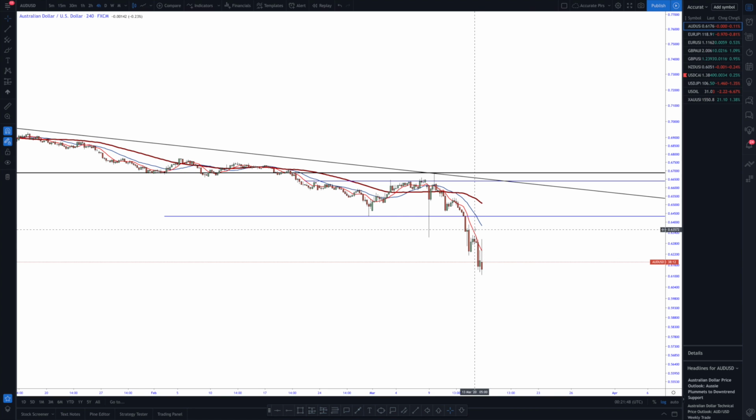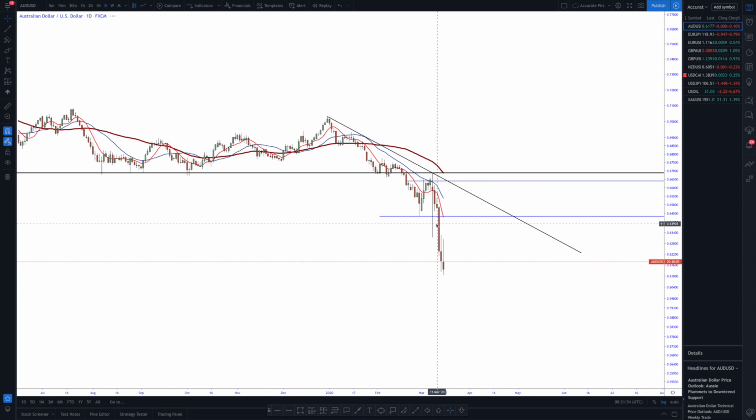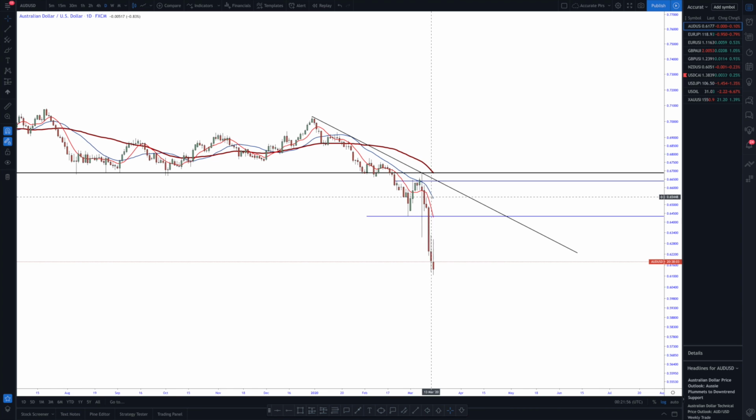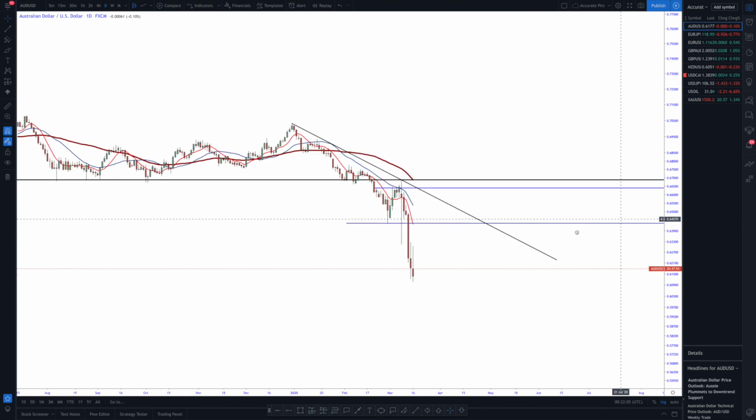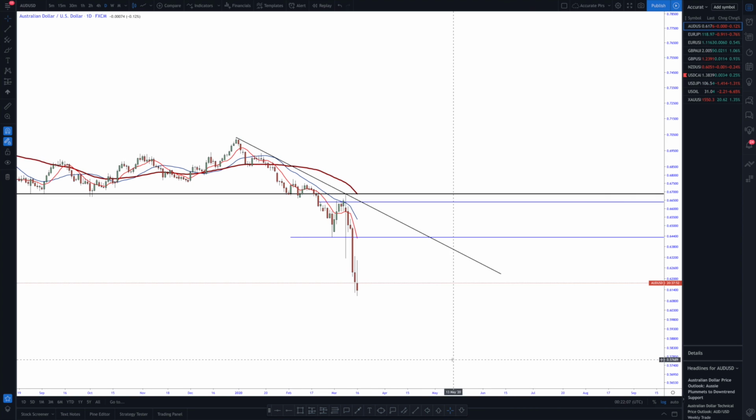So that's it for me on AUD USD. Pretty short, as you can see. A lot of descent, a lot of bearish candlesticks. So this will be my setup for AUD USD this week.